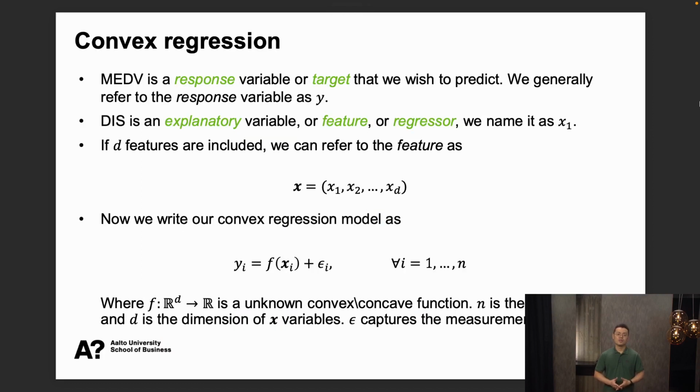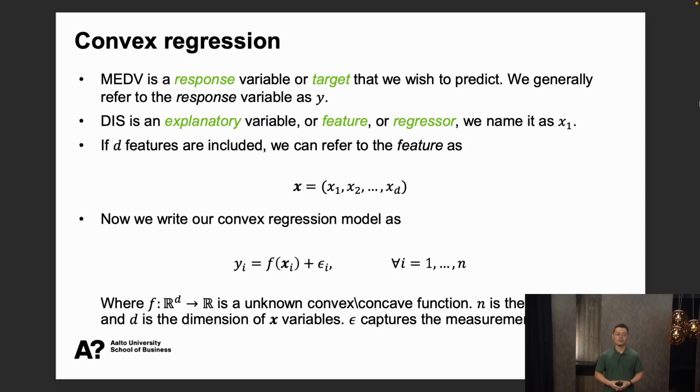Here I would like to give you some basic facts about convex regression, including the notations and the model. In the previous example, we use the MEDV, or the median value of the housing price, as the response variable or target that we wish to predict.